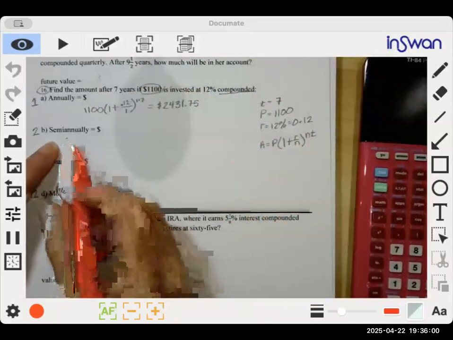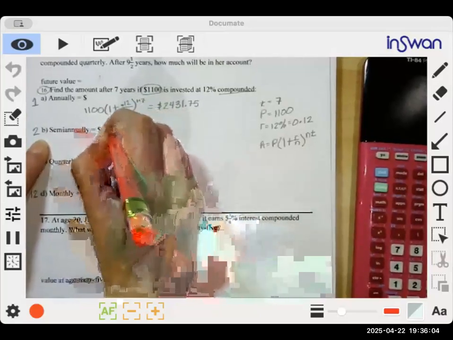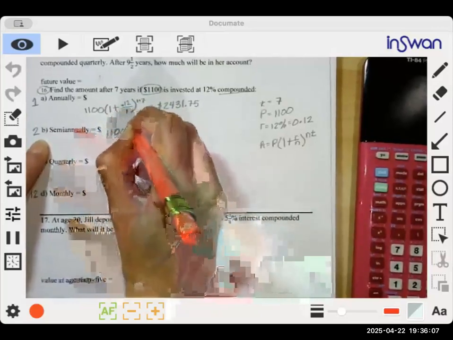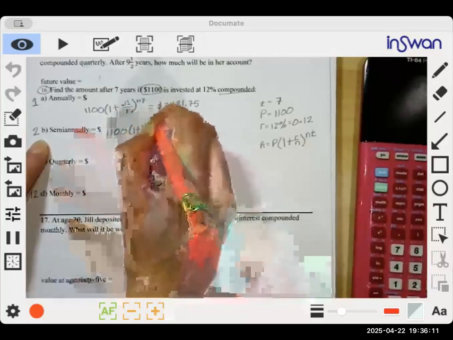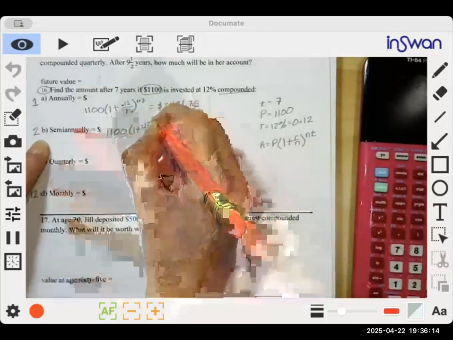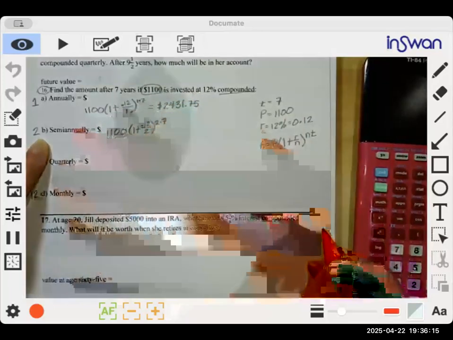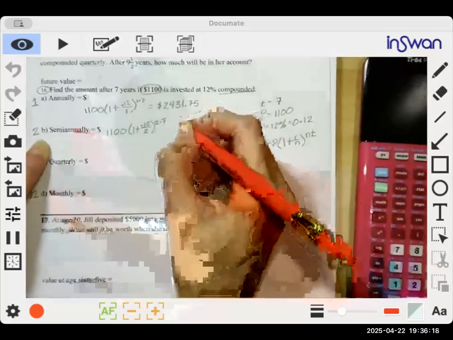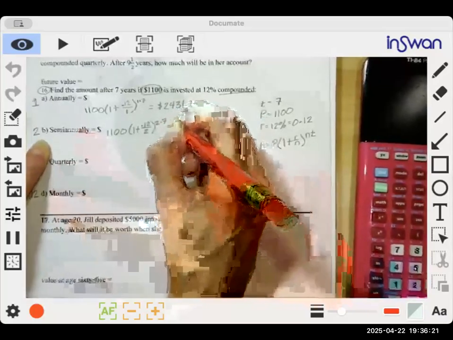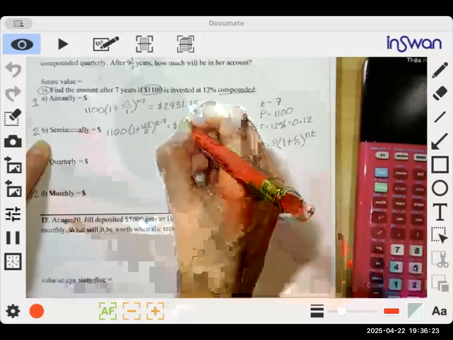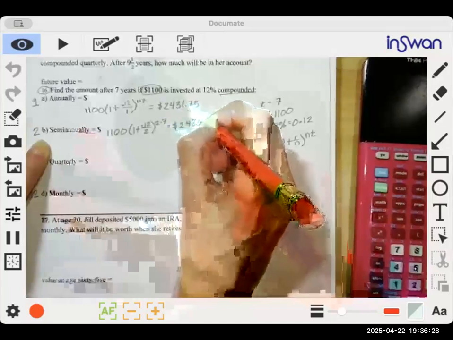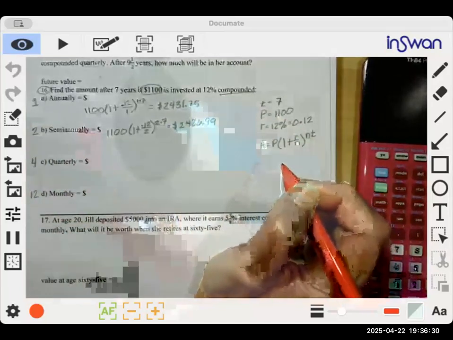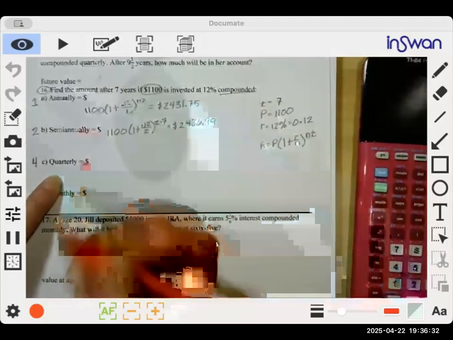Okay, so part B is semi-annually, which is 2. So we're doing the same formula, but instead of 1, we're going to use 2. So plugging that in, we'll get 2486.99. We'll do the same thing for quarterly.